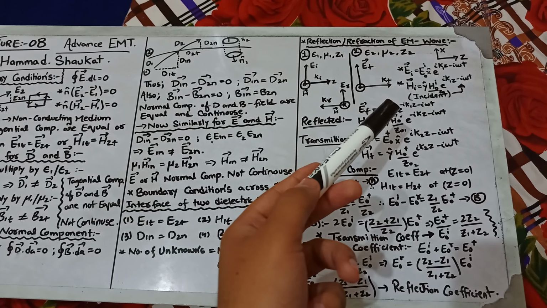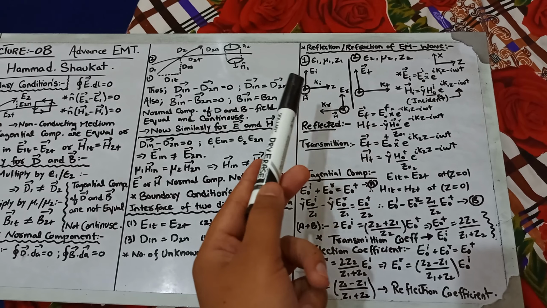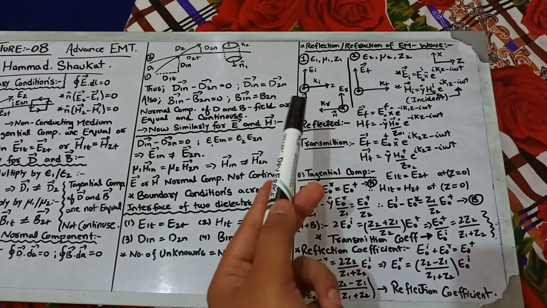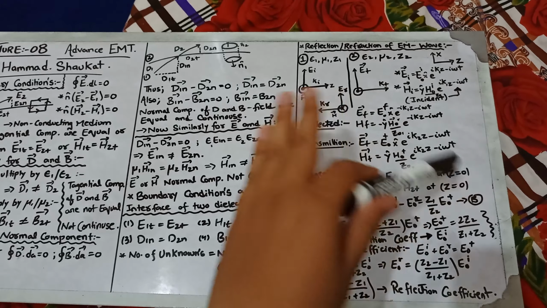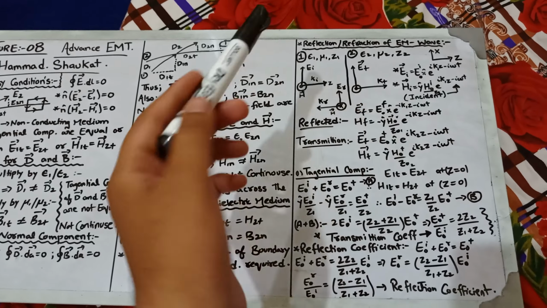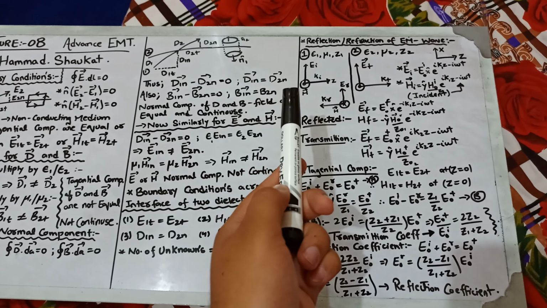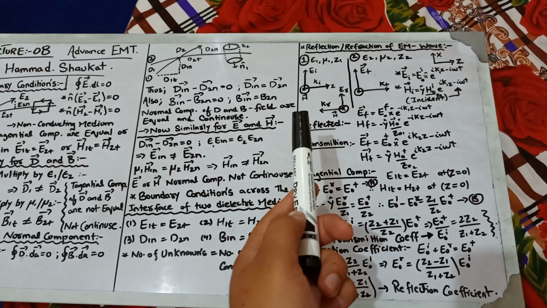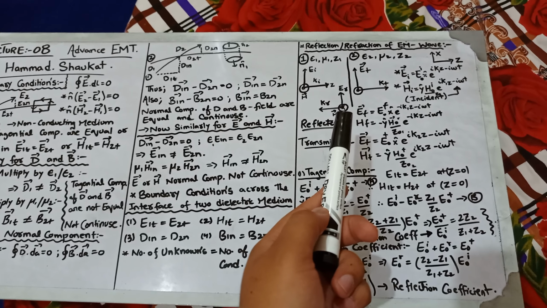Now e power, this is in the Z direction, but your wave is now propagating opposite. In the incident wave it is propagating this way, but after reflection the wave is propagating in the opposite direction.